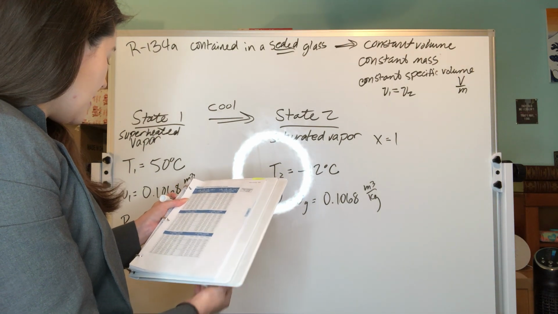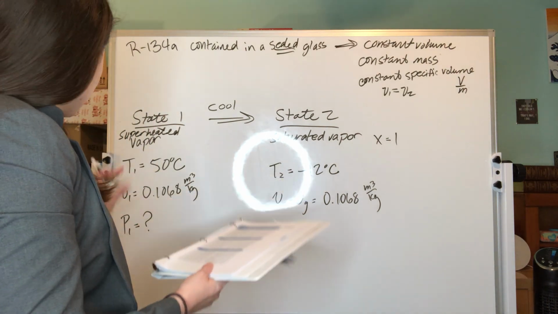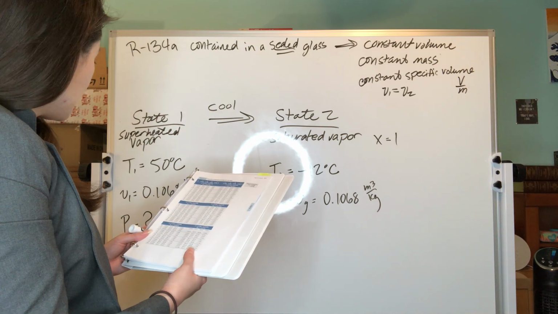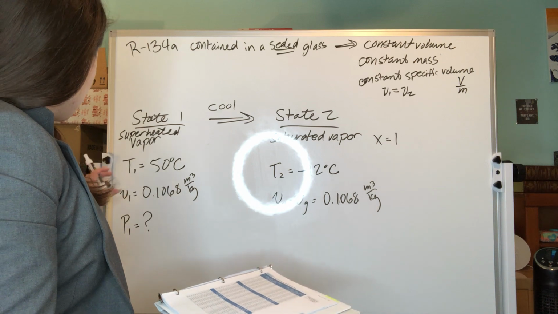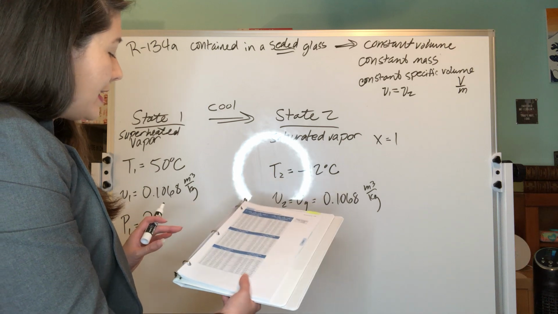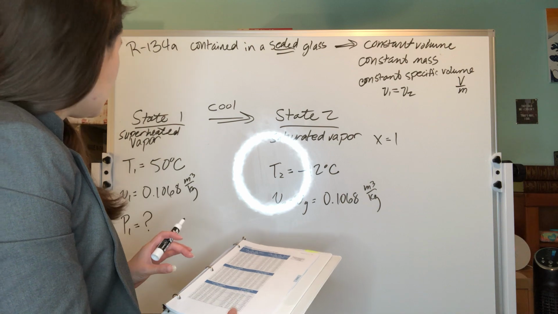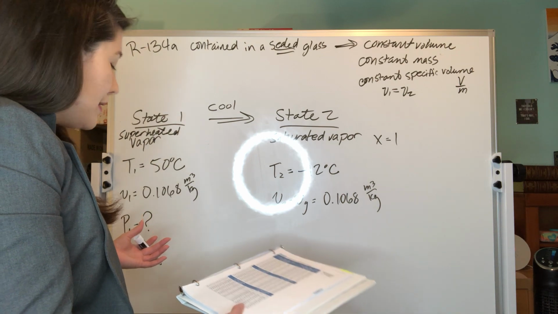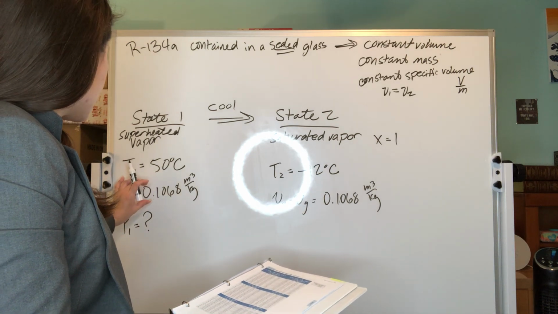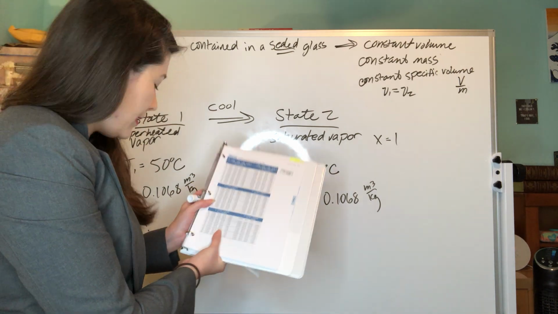Here comes the part where you're going to have to interpolate, because you're looking for the pressure that corresponds to a specific volume of 0.1068 cubic meters per kilogram, but you're not going to find this exact value in this table. Chances are you won't, right? So you're going to have to interpolate to find the pressure that corresponds to this specific volume and this temperature.